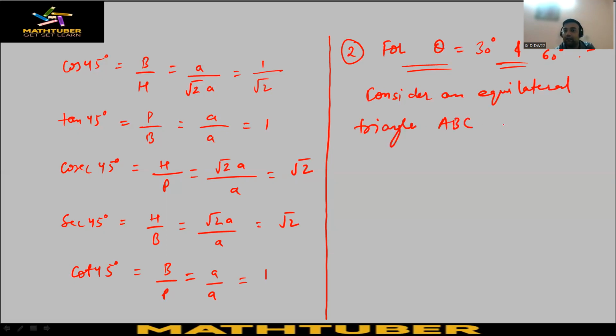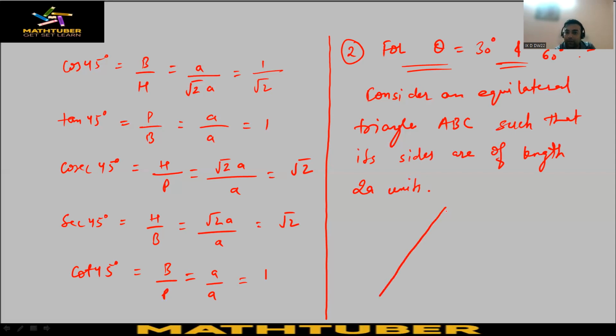ABC such that its sides are of length 2a units, right? So we will form an equilateral triangle here, whose sides are 2a units.